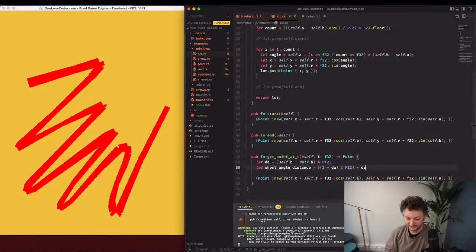Okay, so now that we have the short angle distance, we can find the angle delta. Let's say, yeah, short angle distance is fine. Distance makes it sound like it's going to be in coordinates. Delta is in rads.